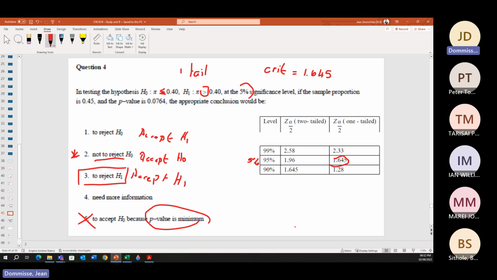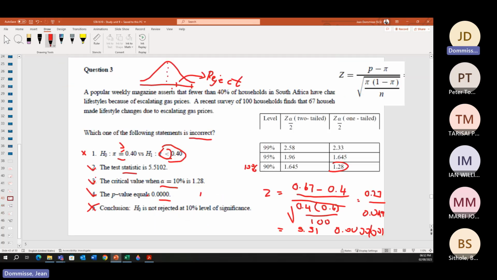But let's work it out. So we've got the Z value, the critical value. So we need to see what your t-stat is. So for the t-stat, where is that other formula?